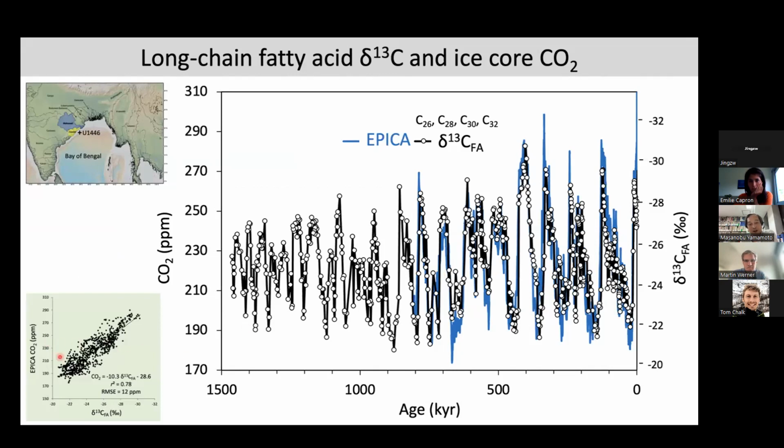So we made a plot of carbon isotopic composition and EPICA CO2 concentration. Then we found a good correlation between the two parameters. So if this relationship was true before 800,000 years ago, then we can estimate the atmospheric CO2 concentration based on leaf wax carbon isotopes in sediments.